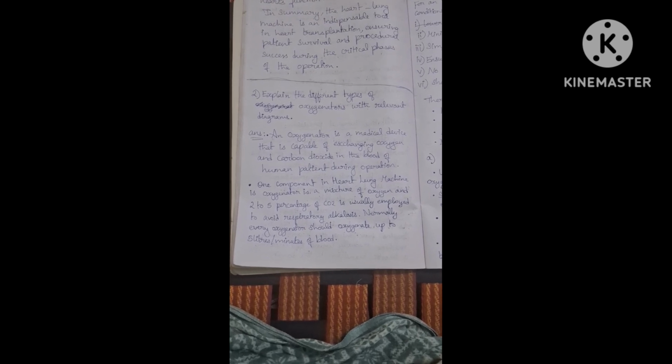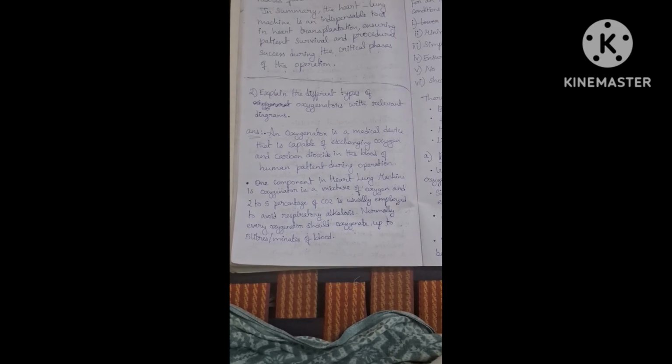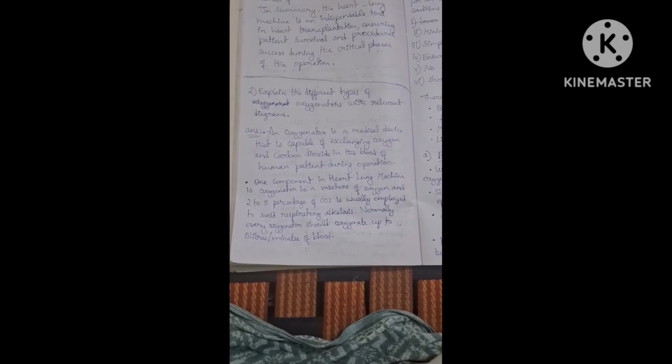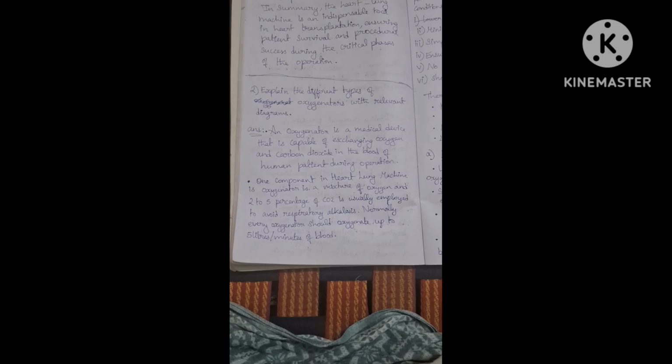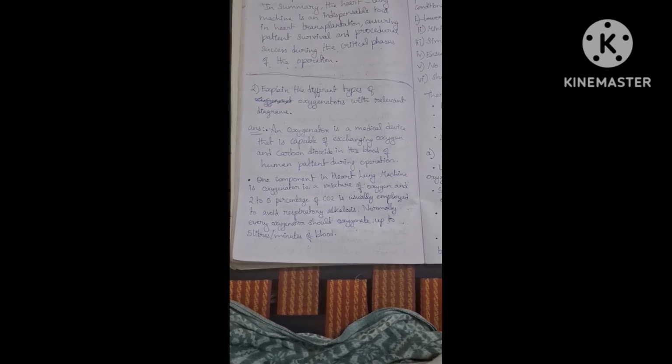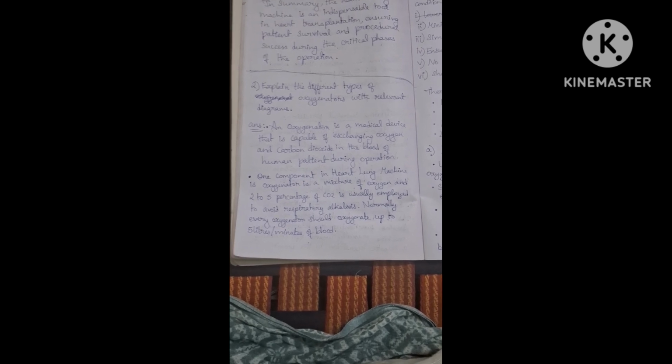One component in the heart-lung machine is the oxygenator. A mixture of oxygen and 2 to 5% of CO2, carbon dioxide, is usually employed to avoid respiratory alkalosis. Normally, every oxygenator should oxygenate up to 5 liters per minute of blood.